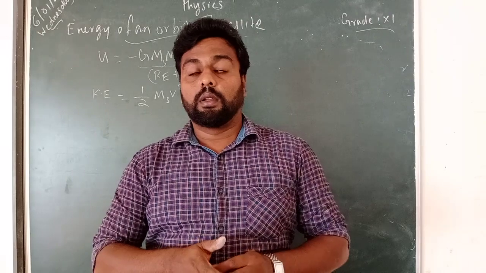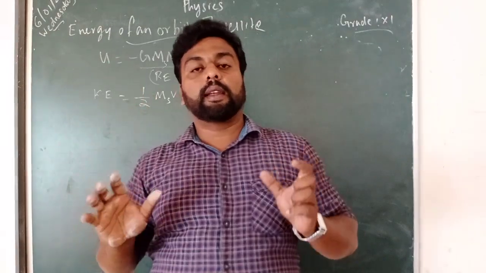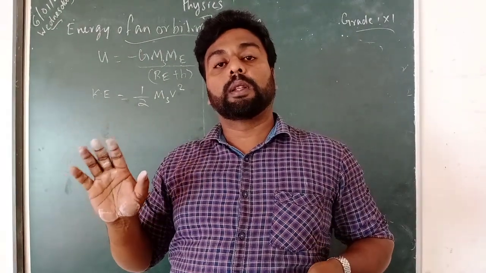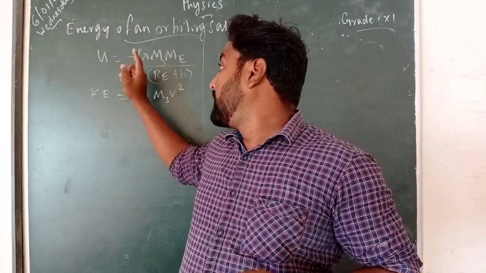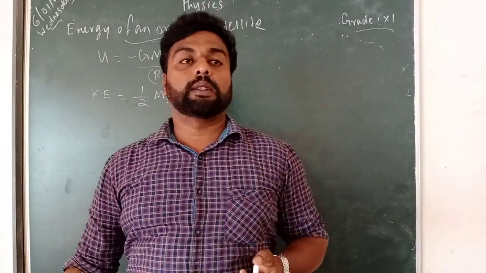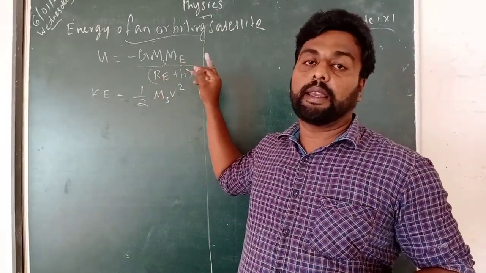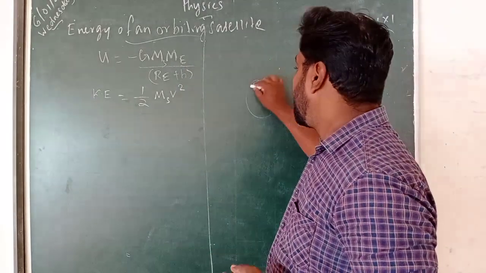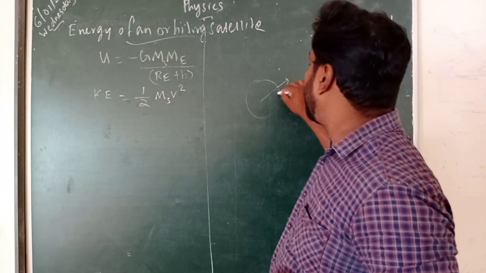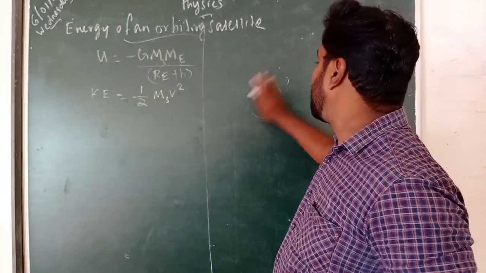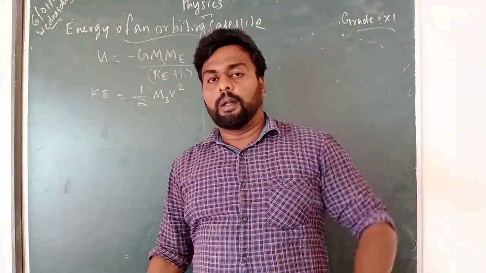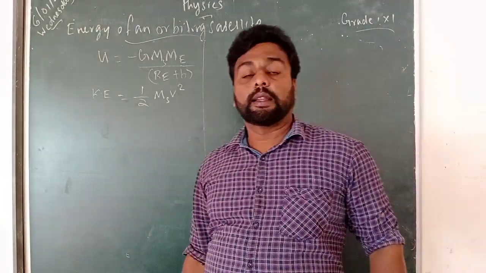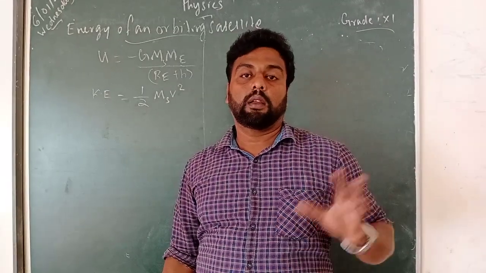So when this satellite is orbiting, revolving around the earth, it possesses gravitational potential energy minus G Ms Me by Re plus h. You know Re plus h means earth radius plus height. And the kinetic energy is half m v square.